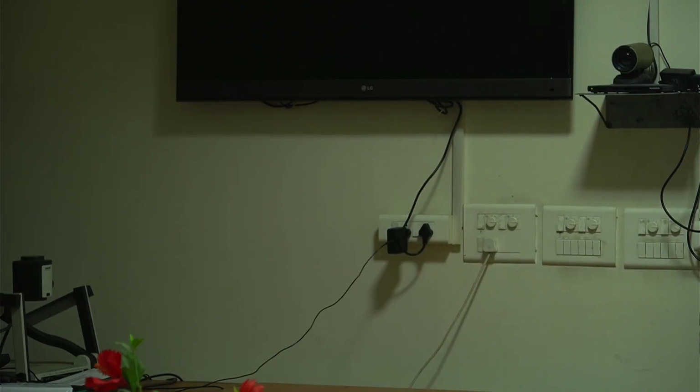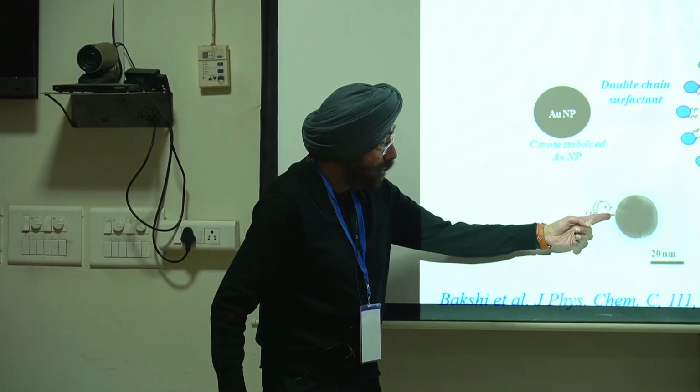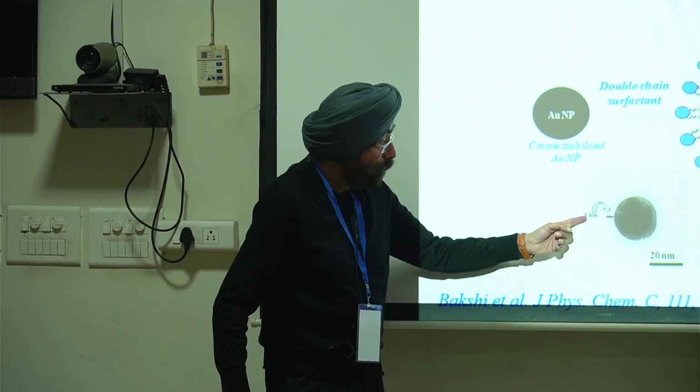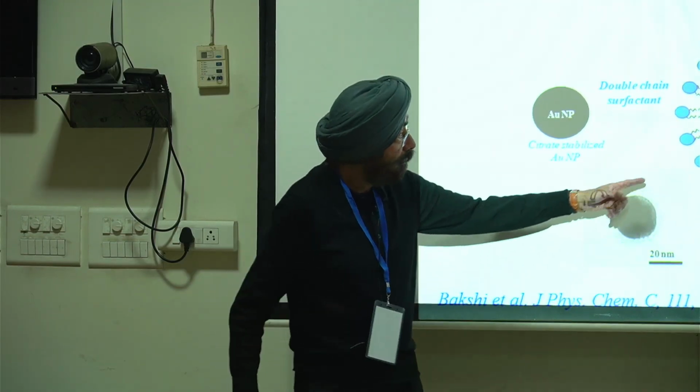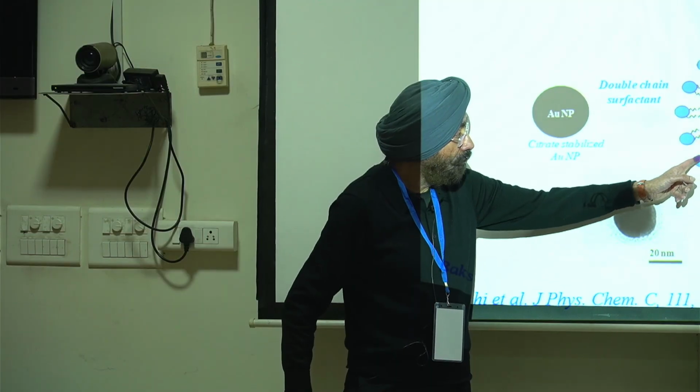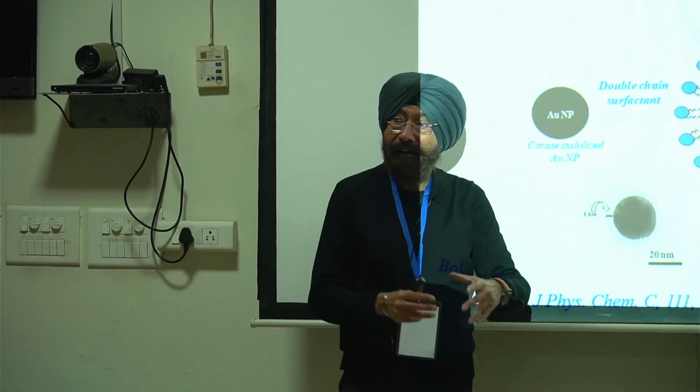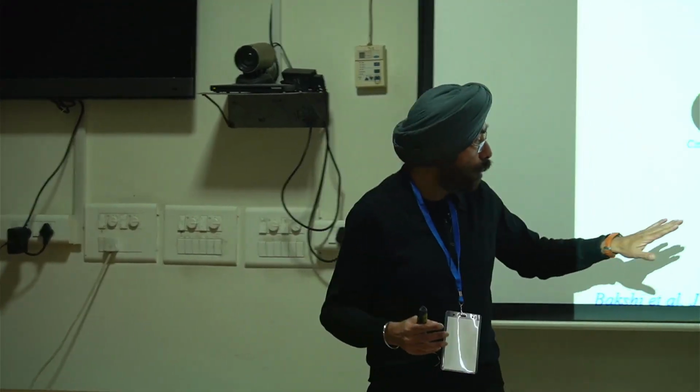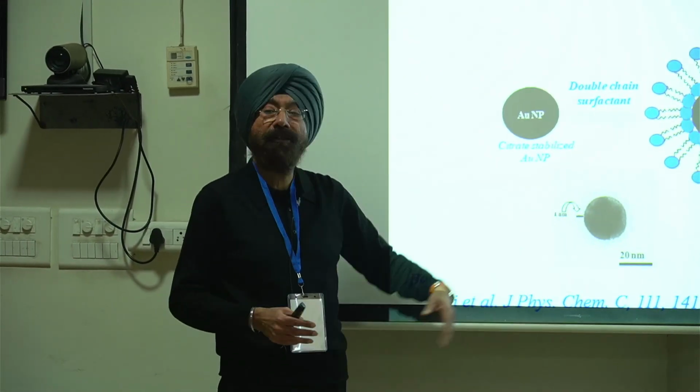But if I have a real image, I can really prove that the thickness of this bilayer is 4 nanometer. You will calculate the length of this tail and the length of this tail, add them, and if it is close to this, this is the transmission electron microscope.